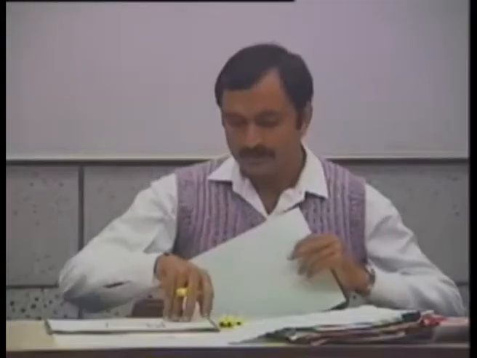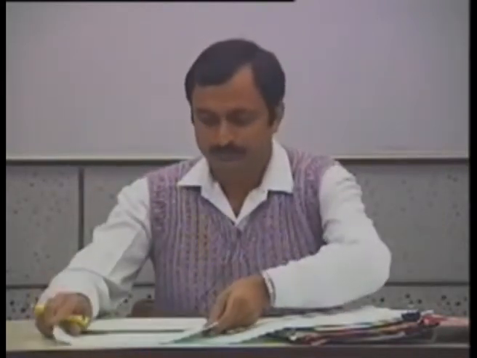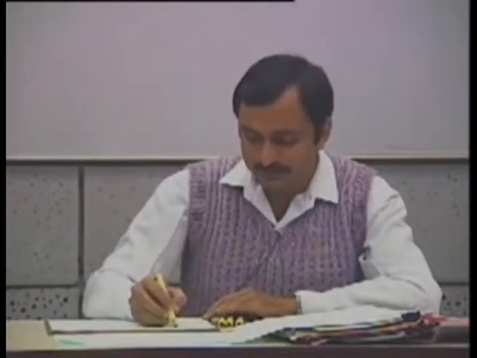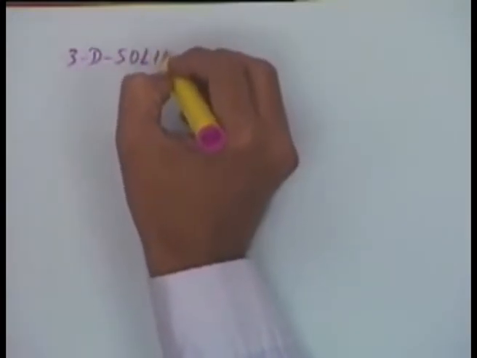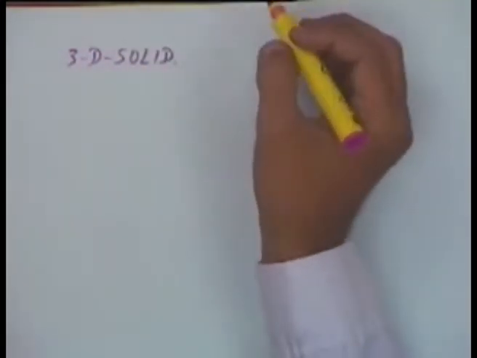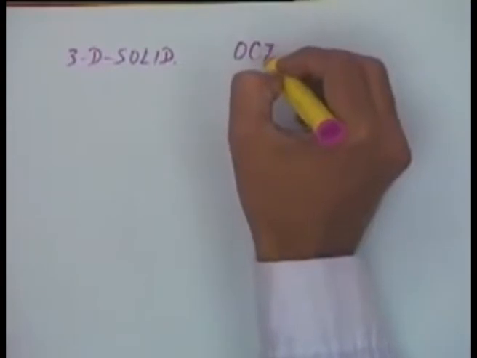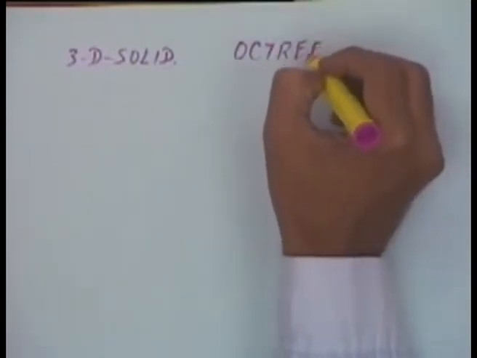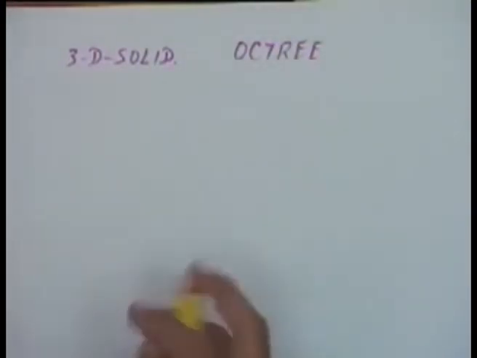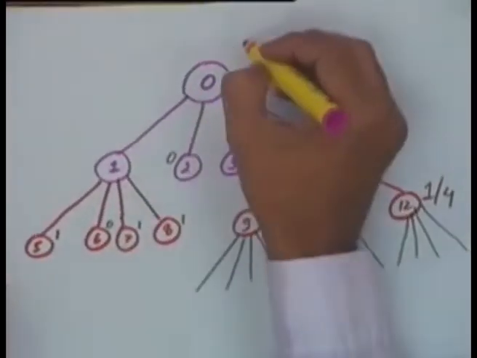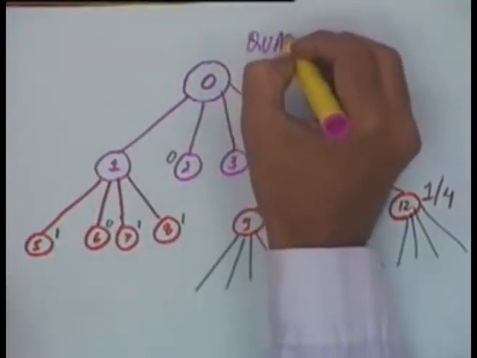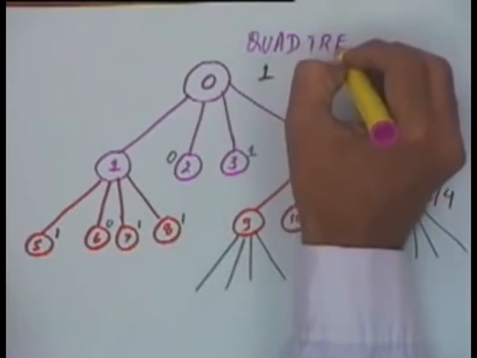Okay. Now, if we want to model a three-dimensional solid, so far we are talking about modeling of areas, two-dimensional areas. If we are talking about a 3D solid, then we extend the same thing into an octree. This tree was called a quad tree because every node had 4 children.